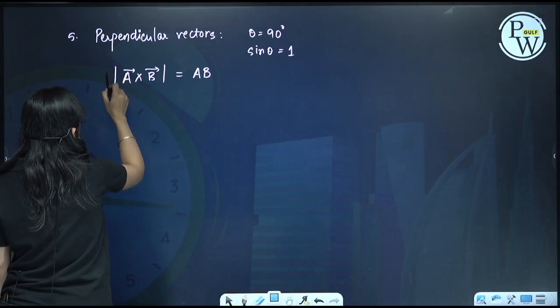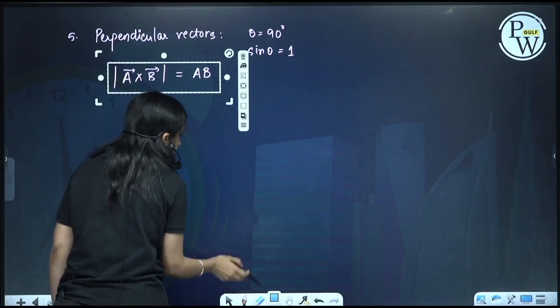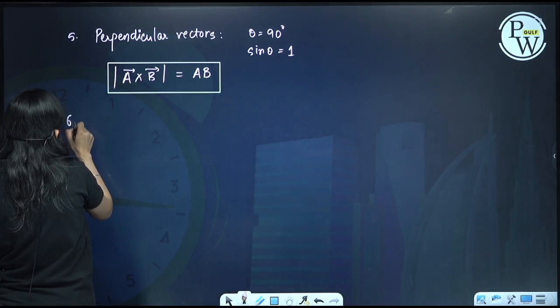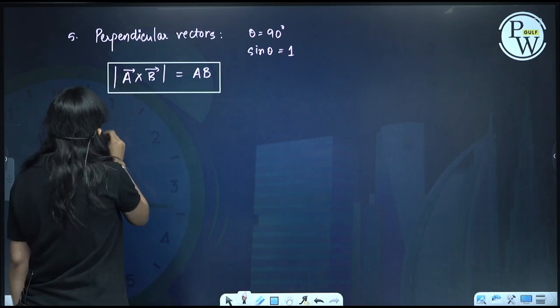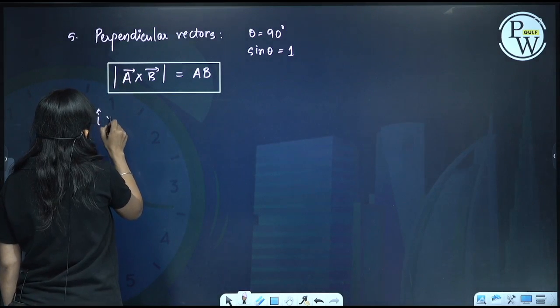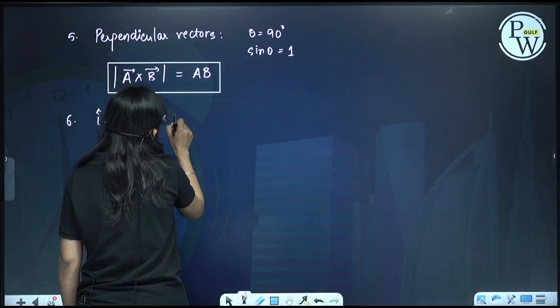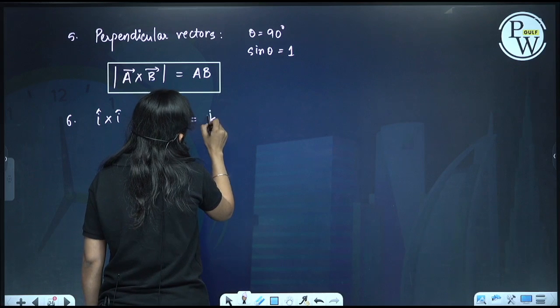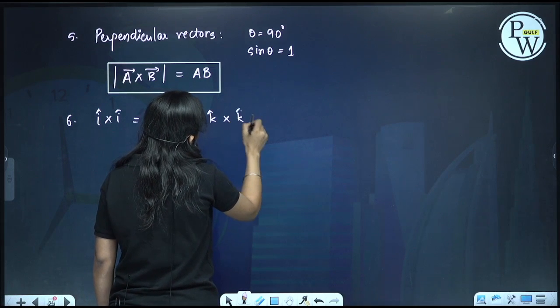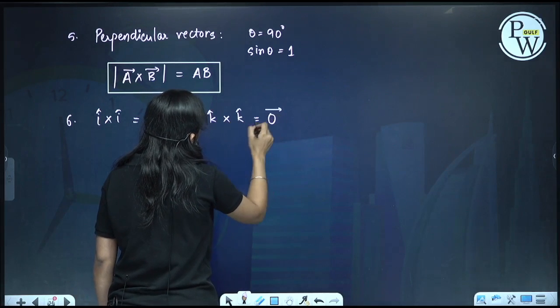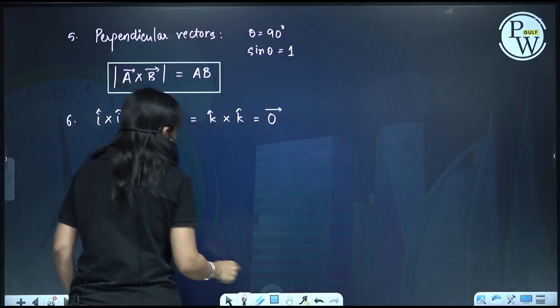So this is the maximum value of the cross product. Next, I cross I or J cross J or K cross K will become a null vector.